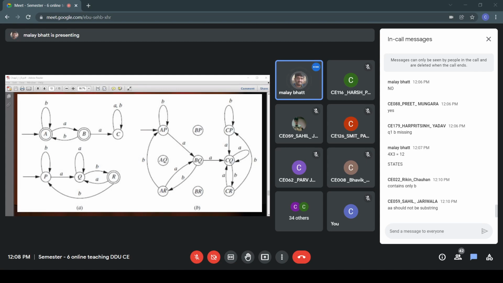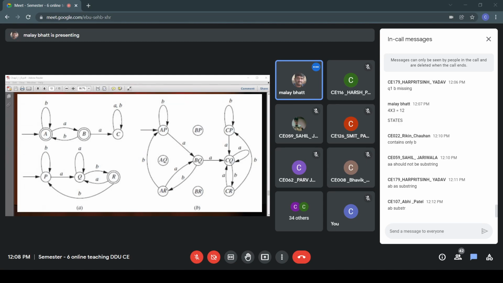Yes, what is the second language? So as per you, if we add this, is AB valid? It is accepted by the second finite automata.